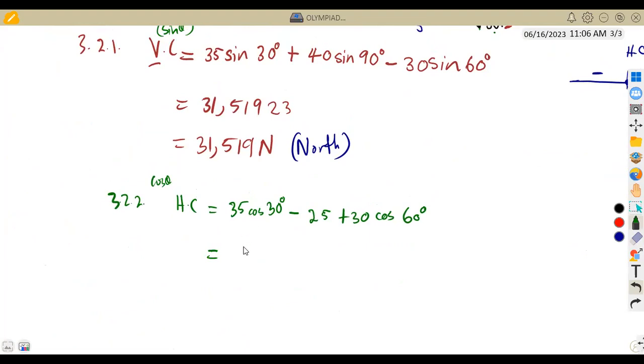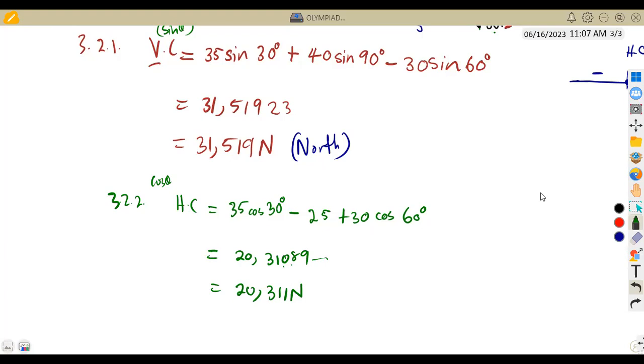All right, so this is going to give us something like 20,311.089, which is to 3 decimal places, that will be 20,311.1. That is in Newton, so you saw the units that we are using here.